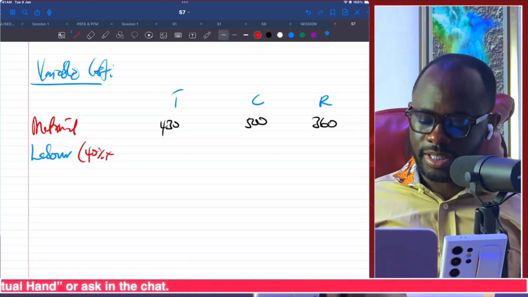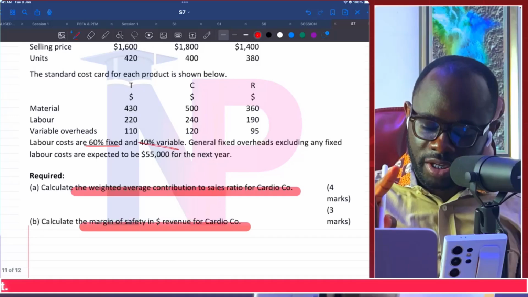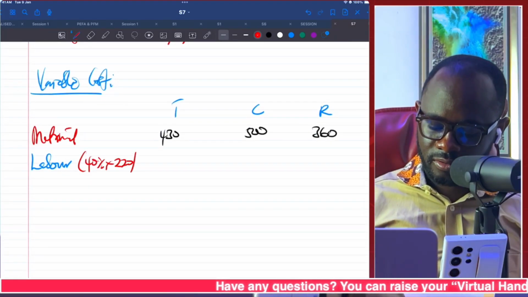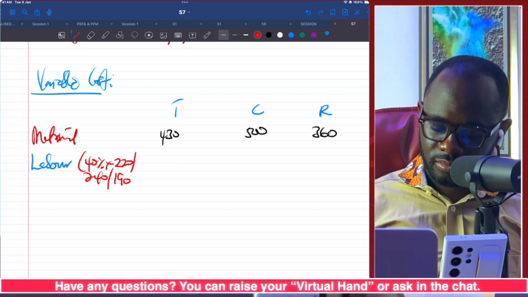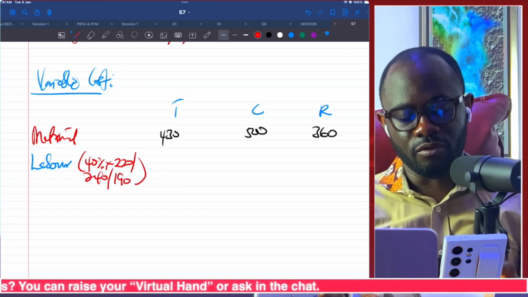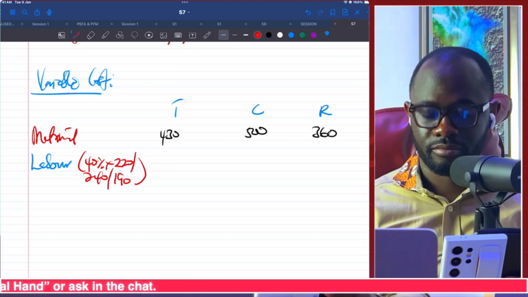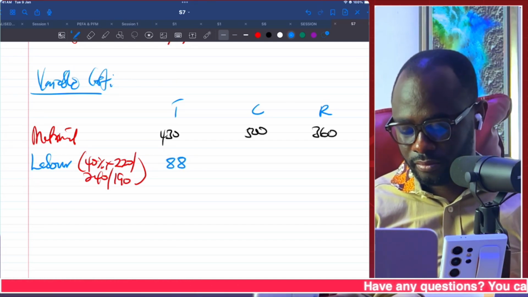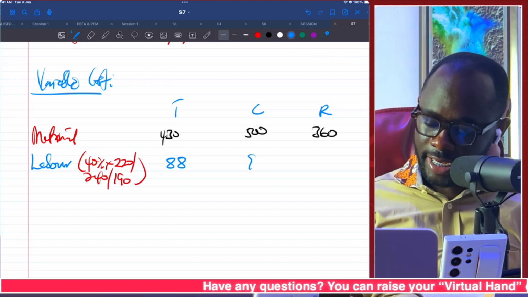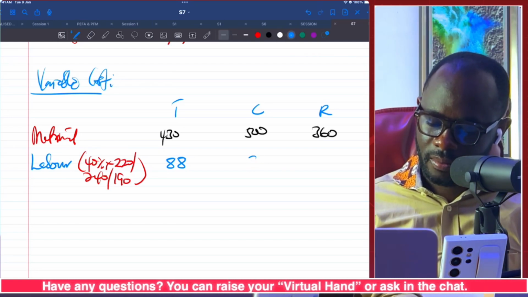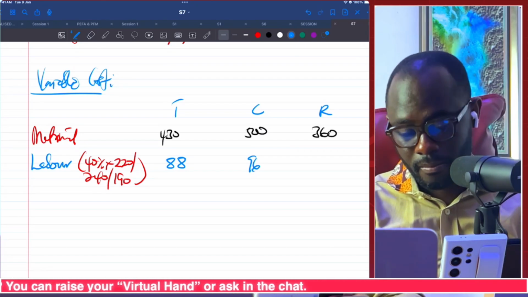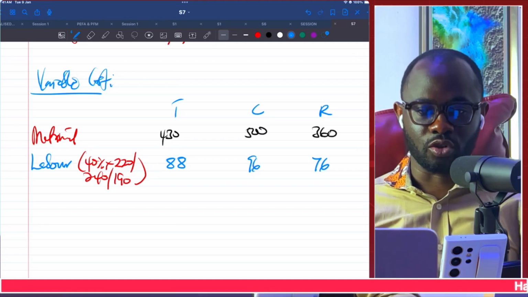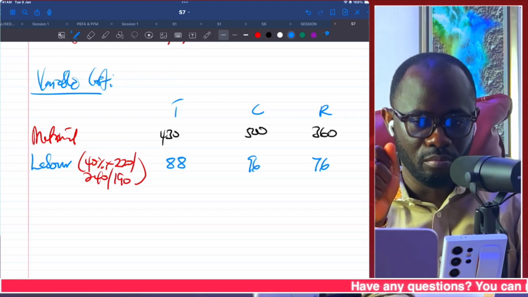So that'll be 40% of 220, 240, 190. So 40% of these figures respectively. 88 here, 96 for the C, and 190 will give us 76. So that is labor cost, the variable component.